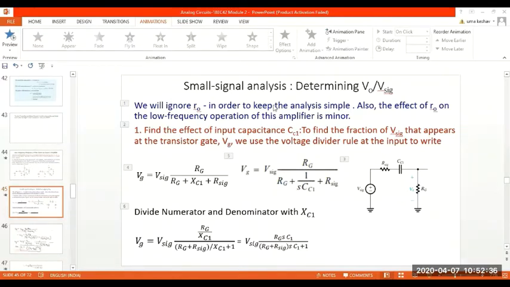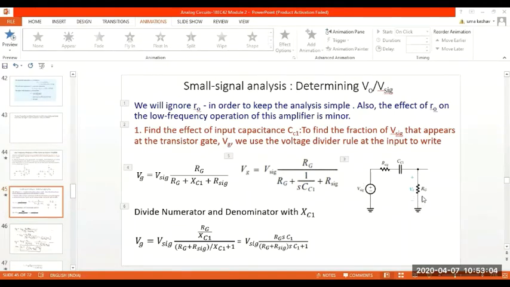So we have to find the effect of this first. To find the effect of this, I will consider the voltage across this RG, because this is the output for this part of the circuit. What is that voltage? It is VG. So this voltage VG will be determined as V sig, the signal source voltage, into RG.